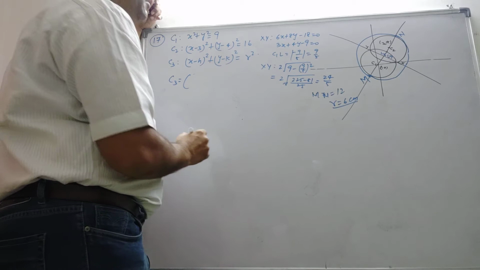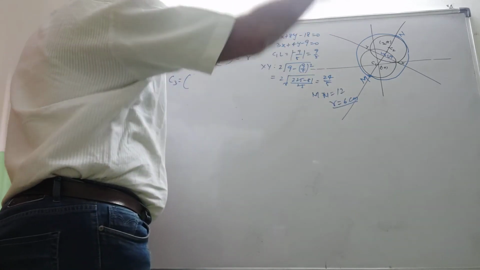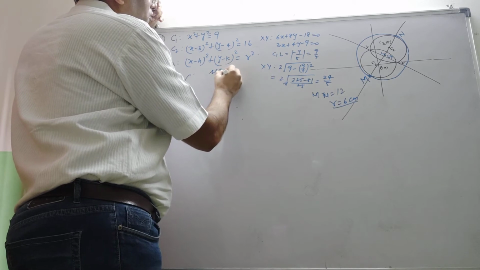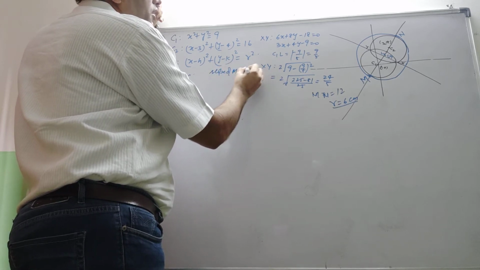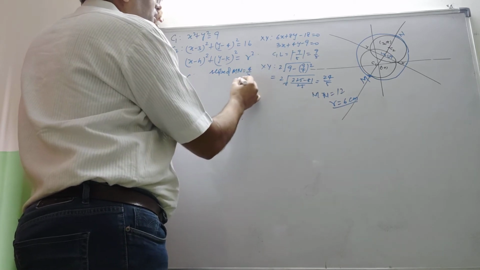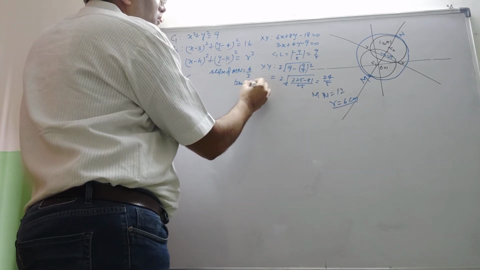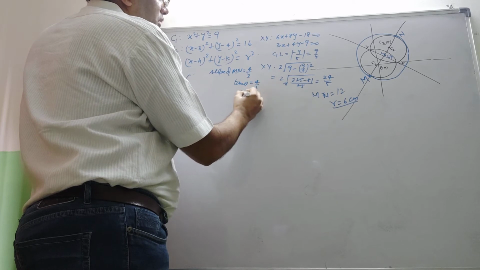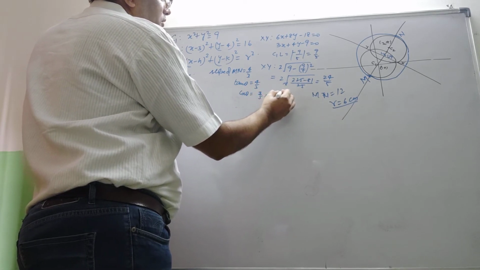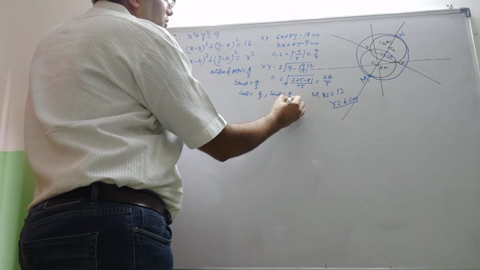The center C3 will be given by the equation of line MN. The slope of MN is 4 by 3, that is tan theta is 4 by 3. Cos theta is equal to 3 by 5, sin theta is equal to 4 by 5.